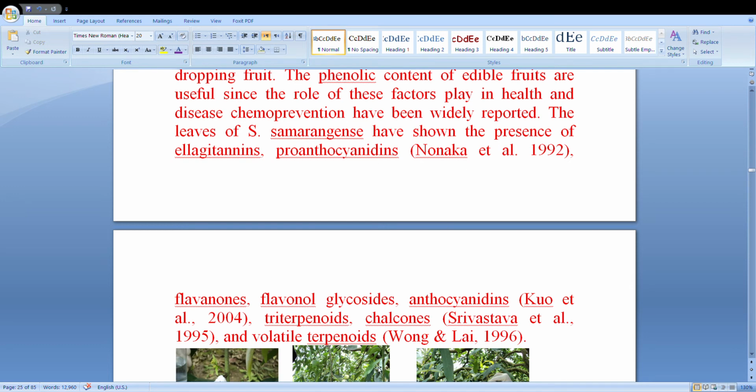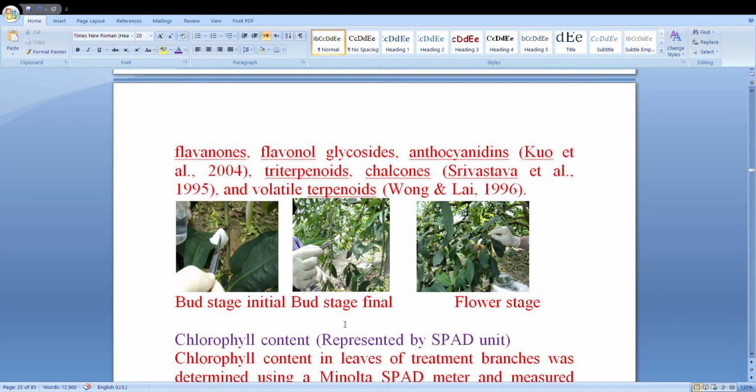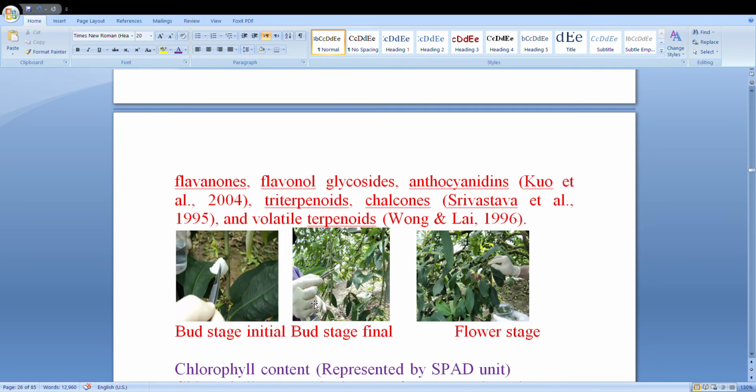Other scientists mentioned flavonoids, flavonols, and anthocyanin, which contain a lot of anthocyanins, at different stages such as bud initiation, flower stage, and bud stage.